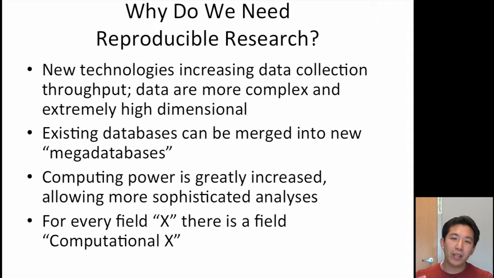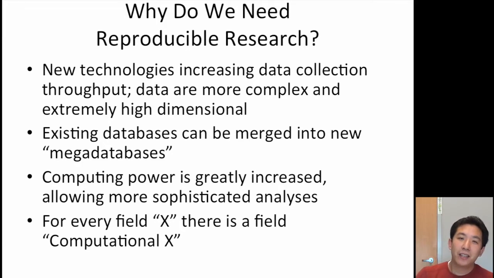So what is driving this need for this reproducibility middle ground between replication and doing nothing? Well, there's a lot of new technologies on the scene in many different fields, including biology and chemistry and environmental science, all kinds of areas. These technologies allow us to collect data at a much higher throughput. And so we get these very complex and very high dimensional data sets almost instantaneously compared to even just 10 years ago.